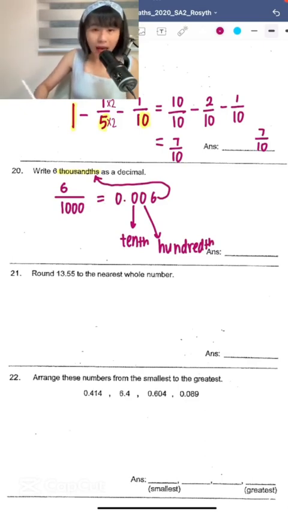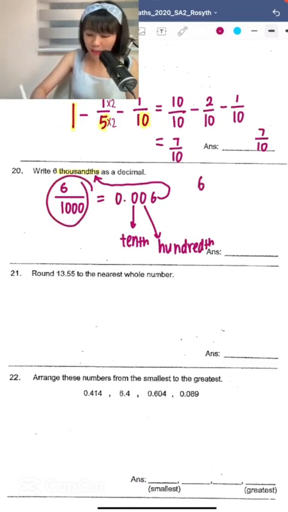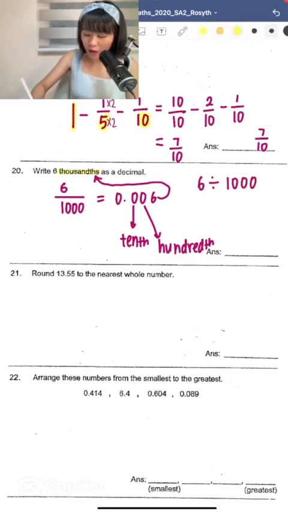Okay, let me teach you something that you will learn in P5 first, which is when you take 6 over 1,000, it's actually the same as 6 divided by 1,000. Okay, if you divide by 1,000, you have 3 zeros for your 1,000. You will shift the decimal point 3 times towards your left. So like 1, 2, 3, and then your decimal point is going to be here.